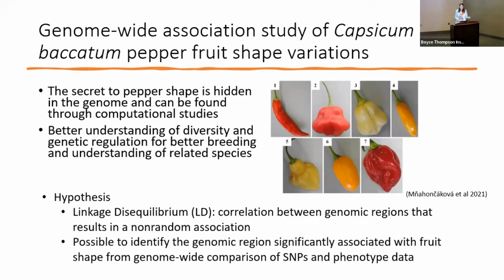This is the correlation between genomic regions that results in a non-random association. If two regions are more likely to show up together, then they are in linkage disequilibrium. And then it is possible to identify the genomic regions that are significantly associated with fruit shape from this genome-wide comparison of SNPs with the phenotype data.